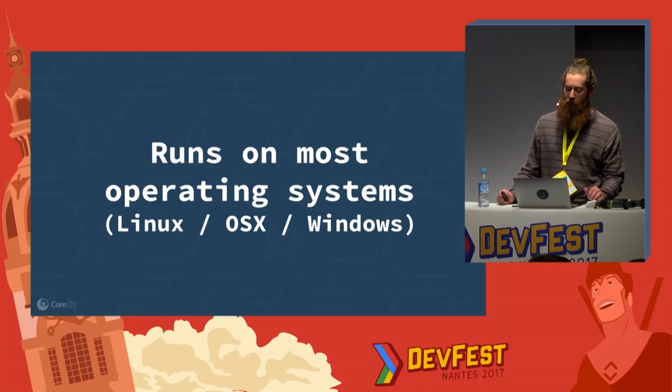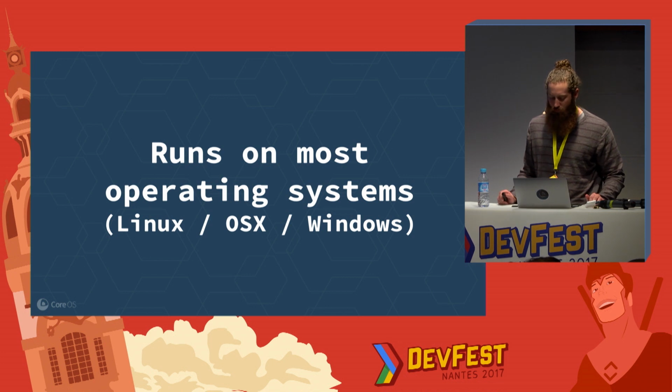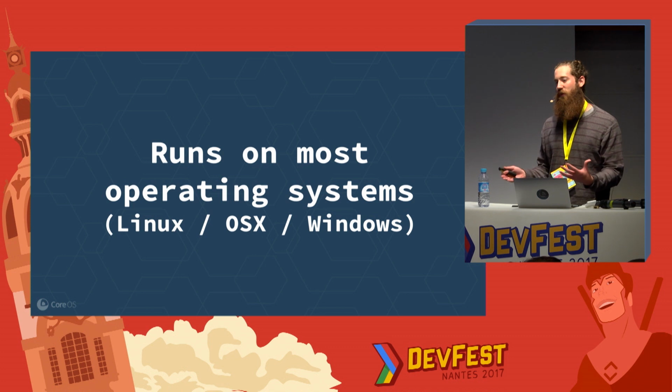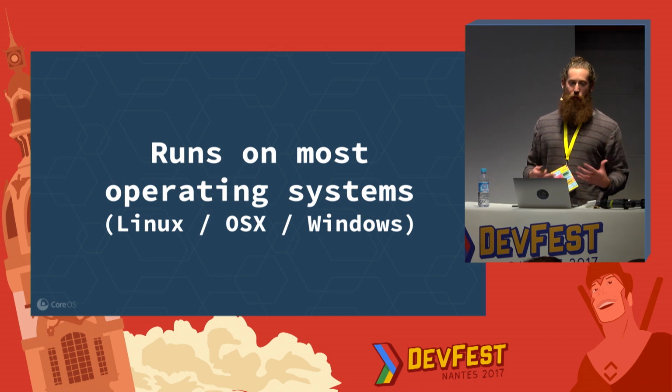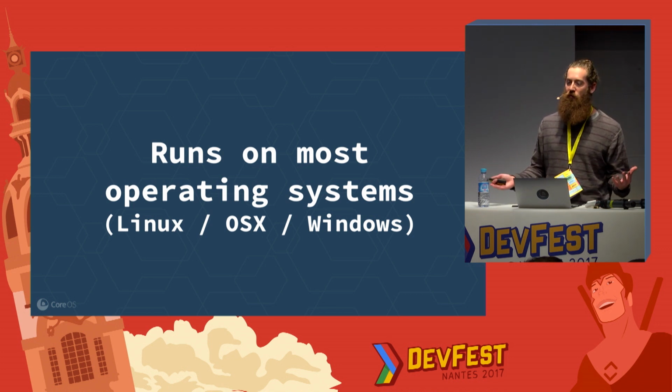So the debugger runs on most operating systems: Linux, OS X, Windows. The plan is to expand to more operating systems as we iron out most of the actual features that we want, the core features. Basically, our support matrix should be anywhere that Go runs, Delve should be able to run.